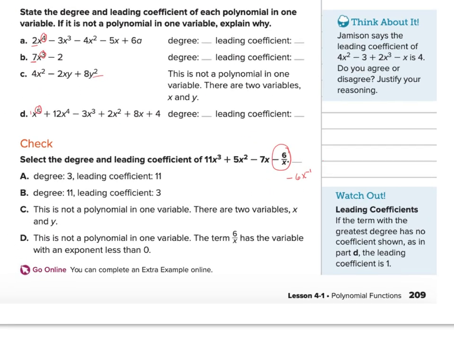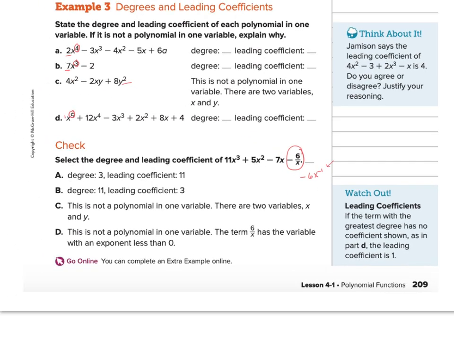So here, this is a positive integer, so that should not be a polynomial. Right here, it is less than 0. So that does not make a polynomial. Otherwise, had that not been there, we would have said that this is my degree of 3, coefficient of 11. That would have been the answer had it not been for this.